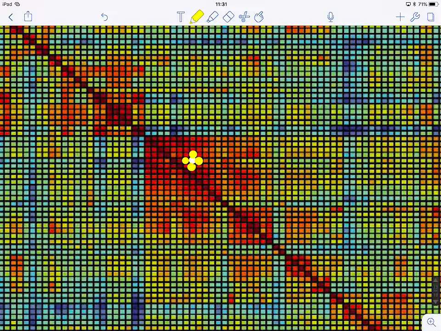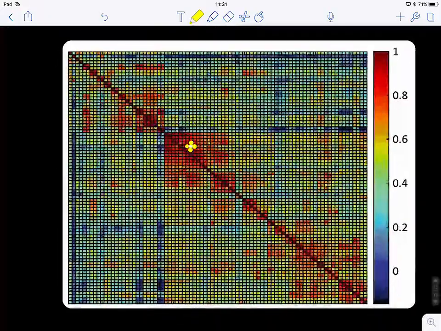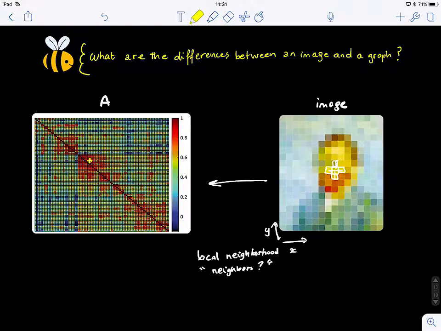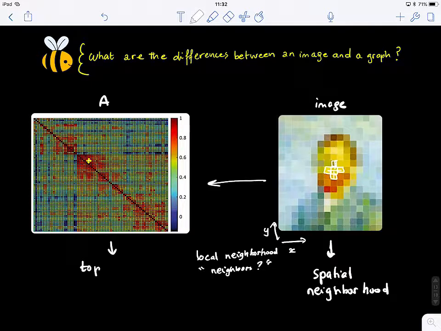No, right? So this is one of the key differences: in terms of images, we look at what we call a spatial neighborhood. But when it comes to graphs, we look at topological neighborhood.